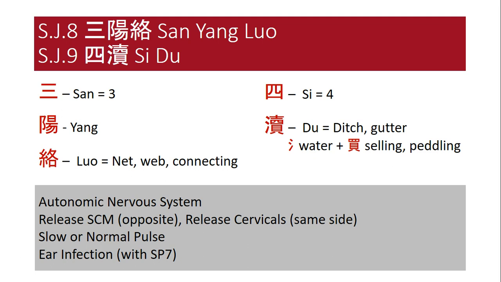Sanjiao 9, Sedu, the 4 ditches or the 4 waterways where buying and selling, commerce is done, suggests the 4 rivers of China. That suggests the whole landscape, encompassing the whole of China, or even encompassing the whole world.